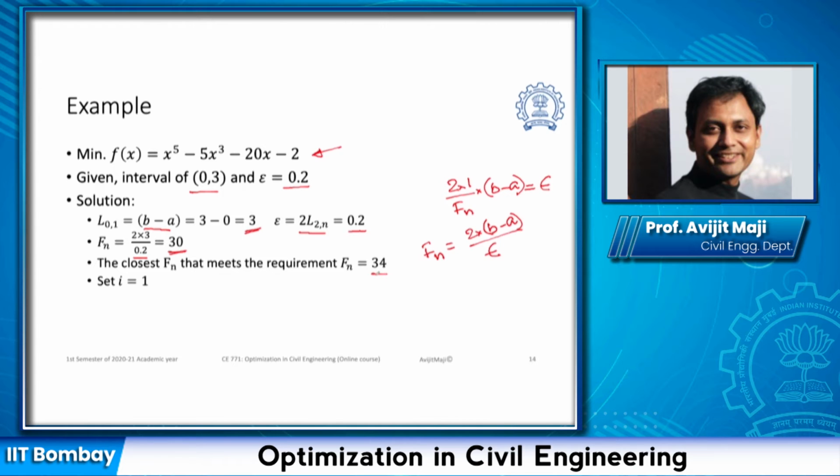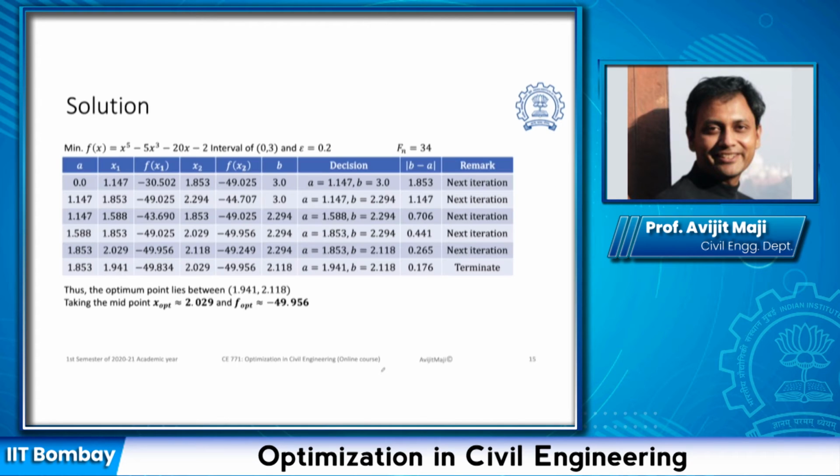So we have to choose Fn as 34 and start our process in order to achieve the accuracy level of 0.2. Now with this, let us see the solution. In the solution, we are looking into the objective function, the interval 0 and 3, accuracy 0.2, and we are starting with the number 34.